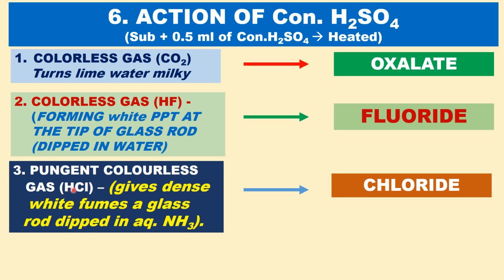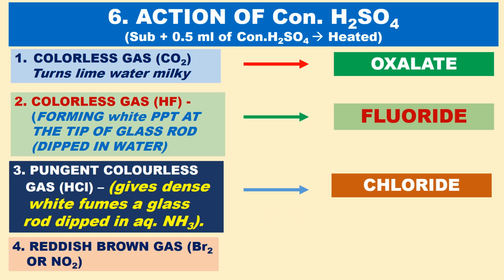HCl will react with ammonia to give ammonium chloride, a dense white fume. A dense white fume is formed, which is due to ammonium chloride. It shows the presence of chloride salt.